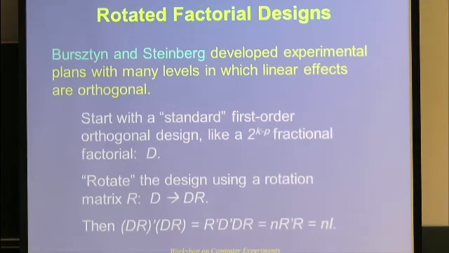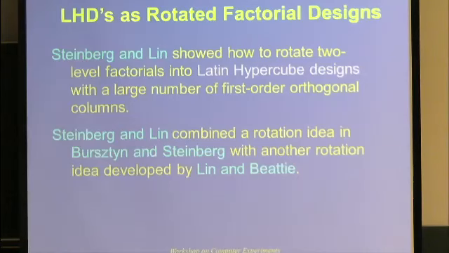What distinguishes a rotation matrix is that its transpose times itself gives the identity matrix. Well, it's very easy to see that this new design that you got by rotating then preserves the orthogonality. So any rotation of an orthogonal design is going to keep you with an orthogonal design. Can you rotate into a Latin hypercube? And the answer is yes.